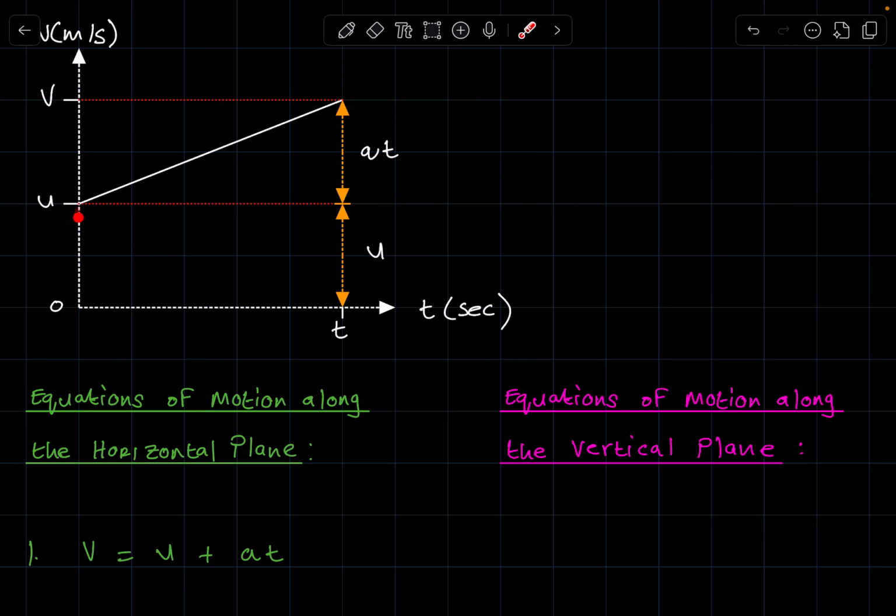If you look, this side is parallel with this one, but obviously they are not equal. From here to there is u, from here to there is v, the final velocity.